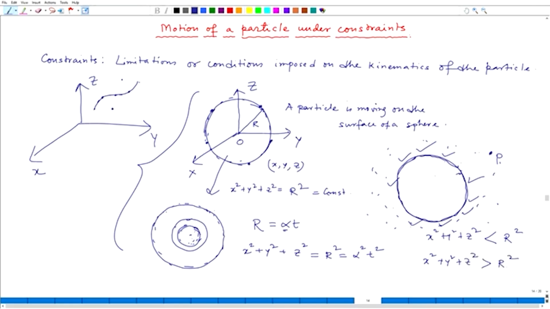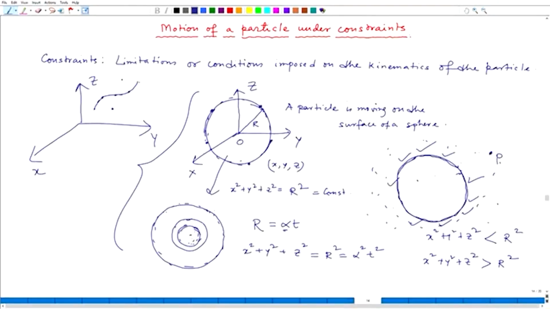If there is no glue, then the particle which was inside the sphere could move inside the sphere and also could touch the sphere, and the same for the particle outside the sphere, that it could move and eventually encounter the surface of the sphere and bounce back.